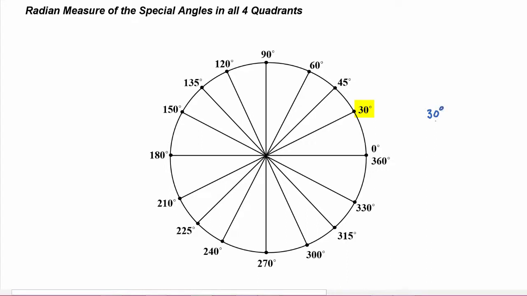If we're going from degrees into radians, we know we're going to multiply by pi over 180 degrees, and 30 goes into 180 6 times, so 30 degrees is equal to pi over 6.